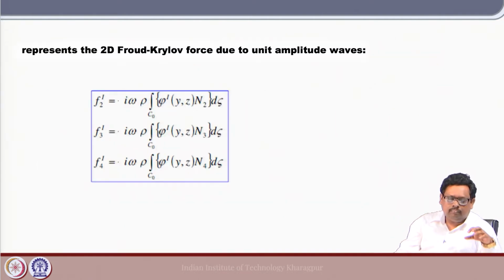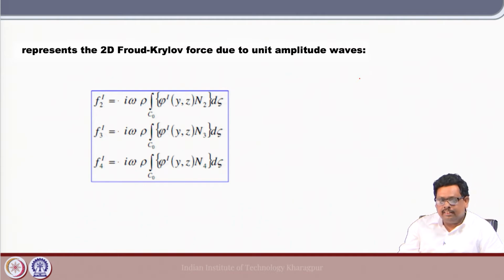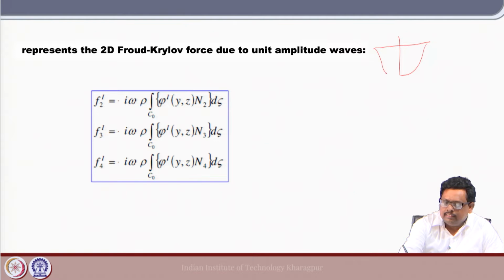Now, here we are going to check how we can get the sectional force. In the sectional force, you know that the force is nothing but the integration of the pressure. Now, where am I going to do the integration? Since f is in the yz plane, because I am drawing the cross section, this is the y direction, this is the z direction, and this is your curve.